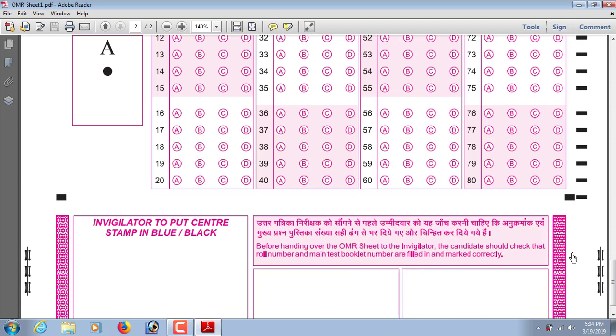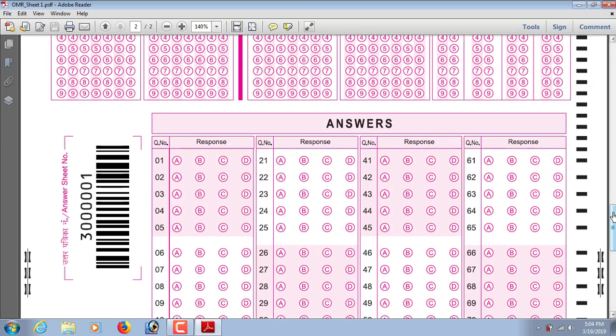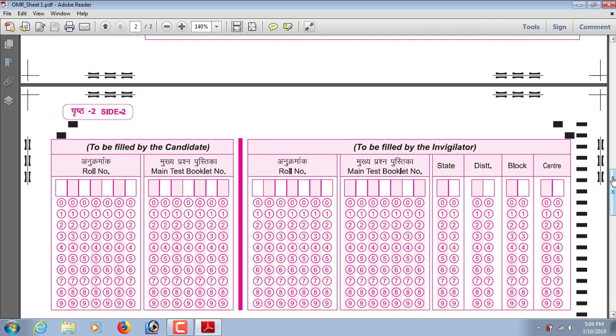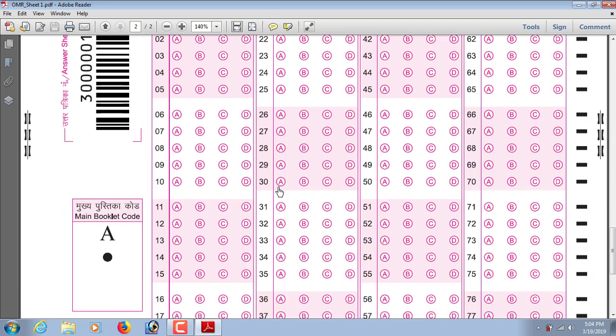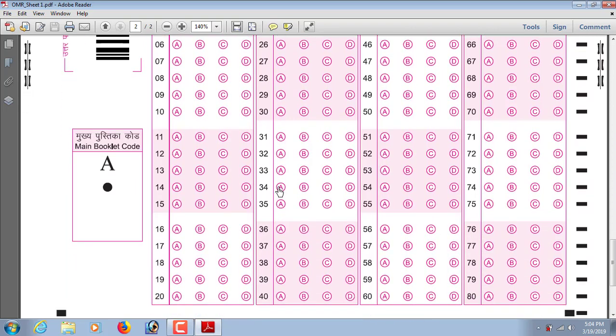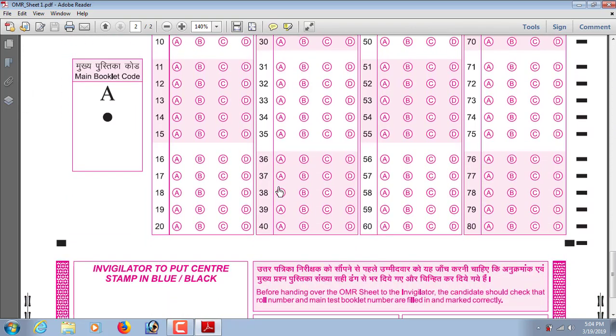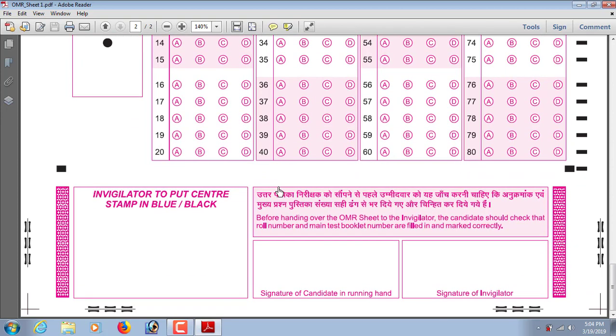Before you hand over, check once again whether you have written your roll number in the space provided here, and the main test booklet number. Then check whether you have answered all the questions from 1 to 80. Don't leave any question. Answer all the questions.